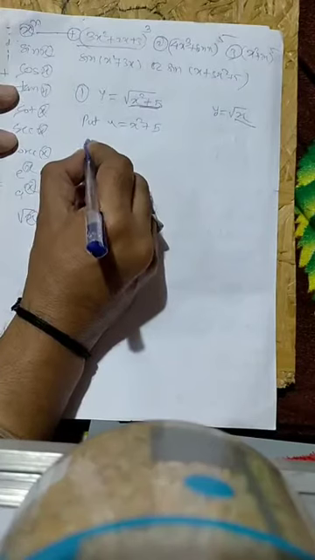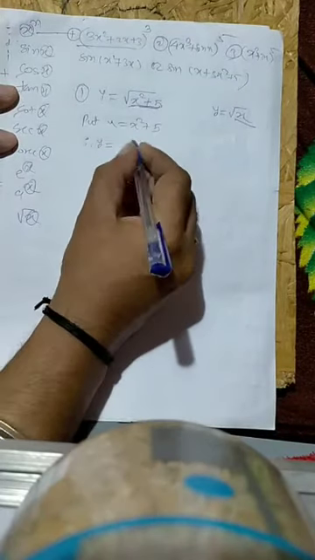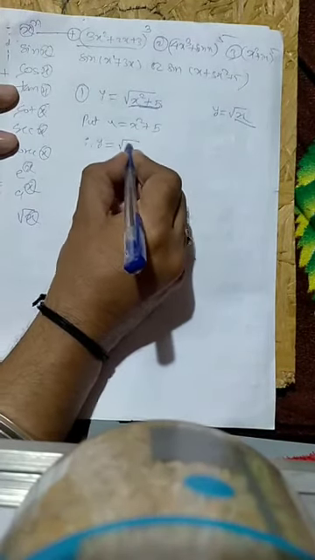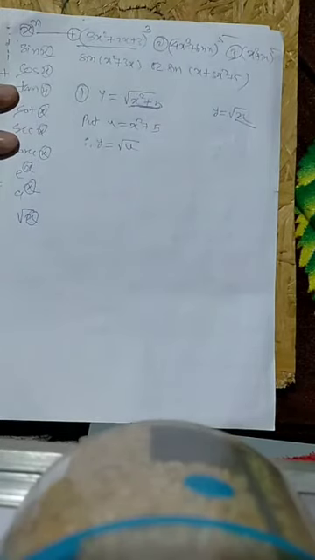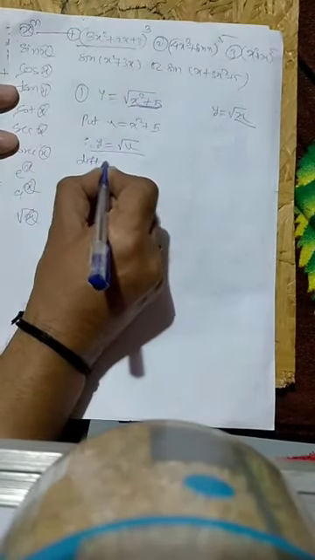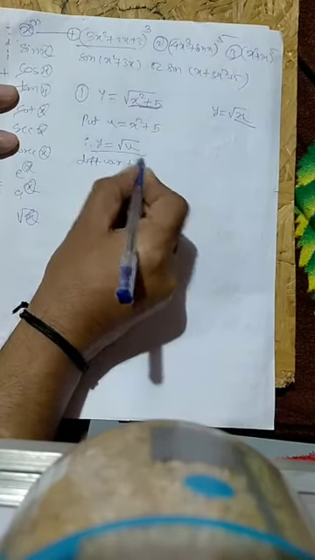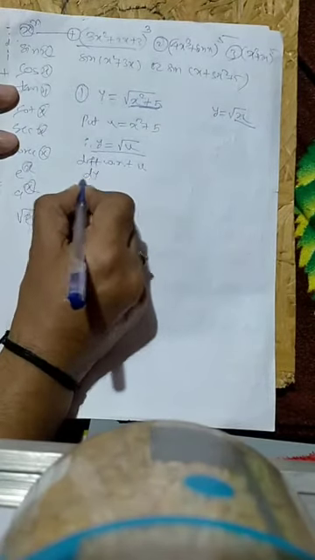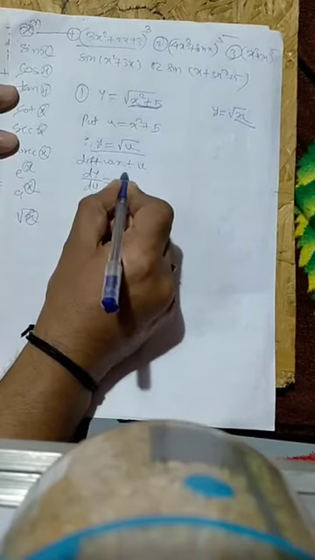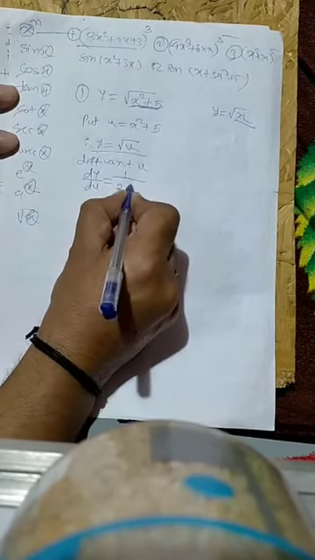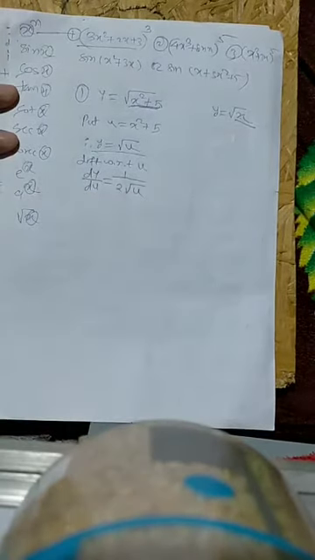It means y can be written as root u, right? We know the derivative of root of x is 1 divided by 2 root x. So derivative of y, differentiating with respect to u, dy by du is equals to 1 divided by 2 root u.